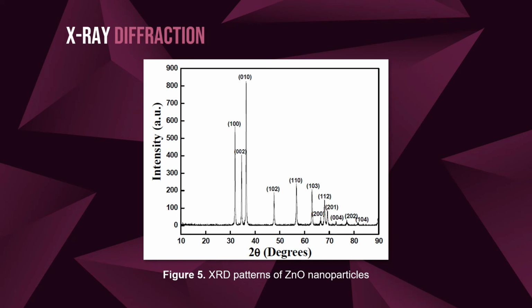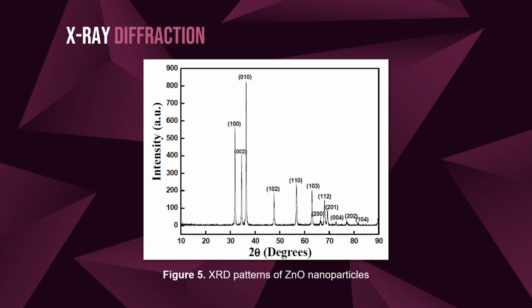Figure 5 shows the powder XRD pattern for the synthesized compound, which is calcined at 500 degrees Celsius, obtained by direct precipitation of 0.5 molar concentration of zinc nitrate and 1 molar concentration of urea.